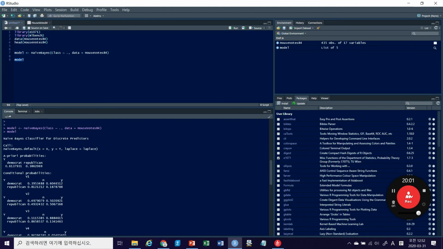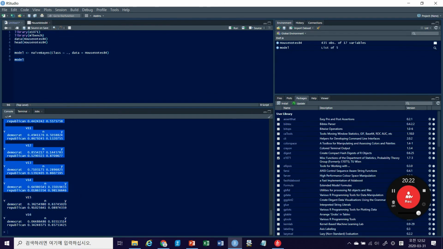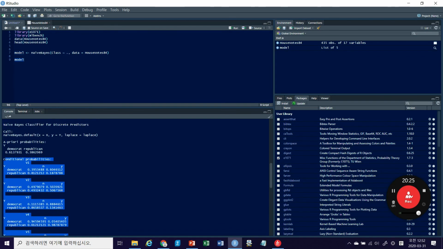So about 61% of the data is Democrat, and about 38% is Republican. So by just counting the number of rows, we can estimate those prior probabilities and all possible conditional probabilities. We can see those. They are given here, okay? So for example, this one is what? It's a conditional probability, V1 equals no given Y is Democrat.